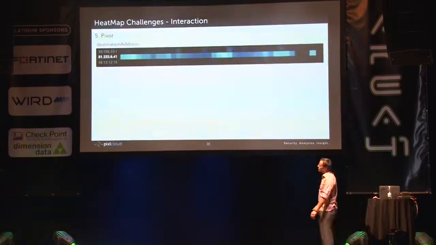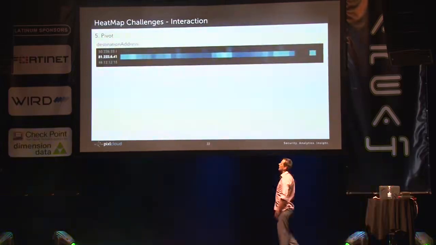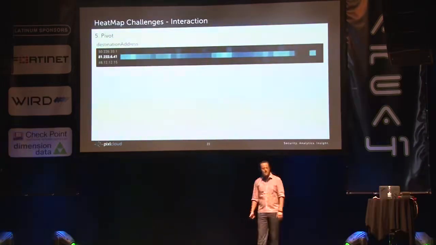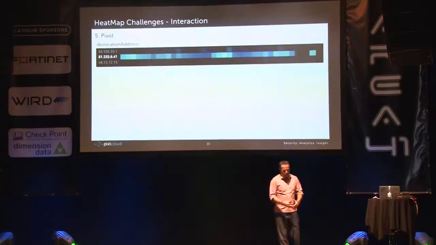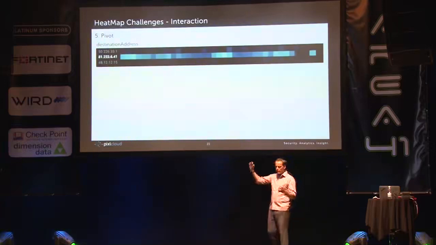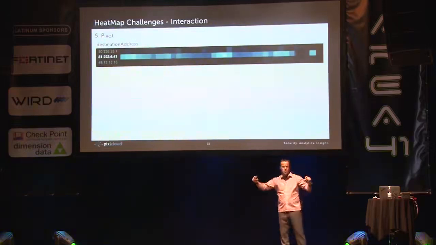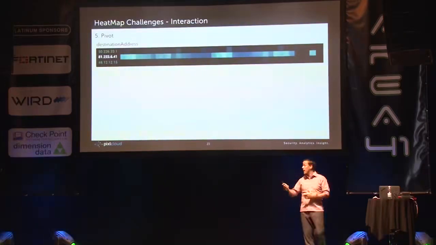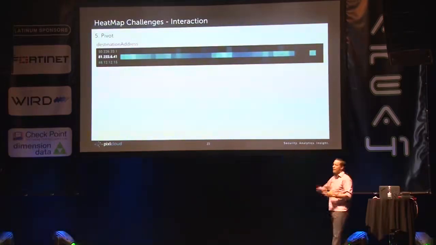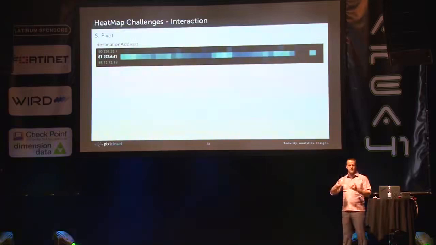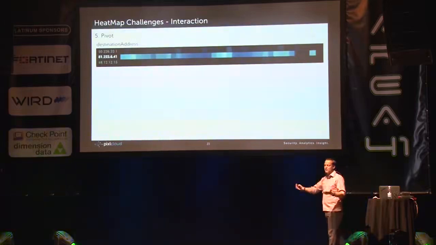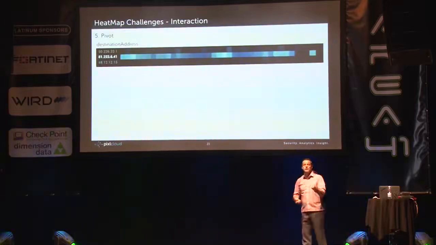Then one of the last issues that I will present you here in terms of challenges for heat maps is, say, I'm analyzing some data with my IP addresses communicating, and I'm zooming in, and I find this one machine that seems to have an interesting pattern like this guy here. Now I have this one-dimensional data that shows me over time the activity the machine had. But immediately I have other questions.